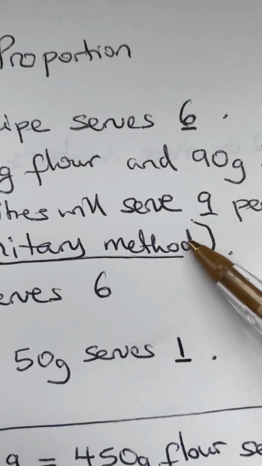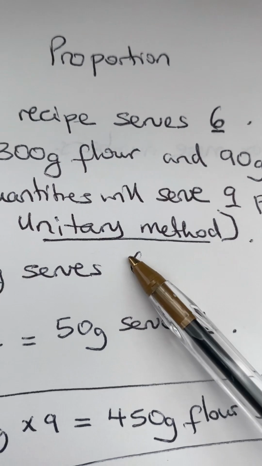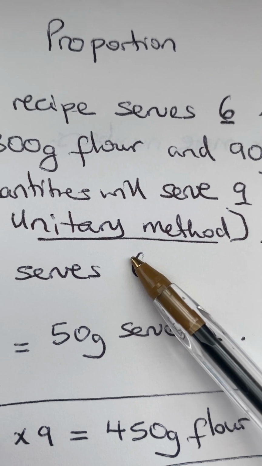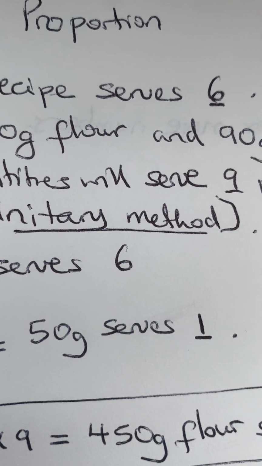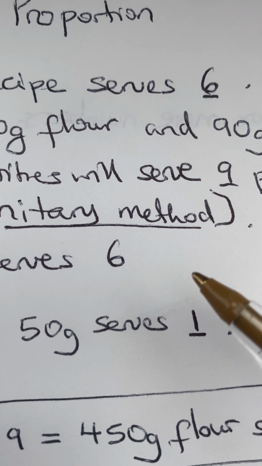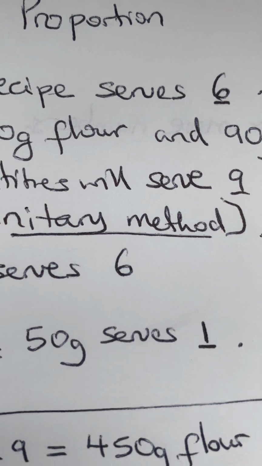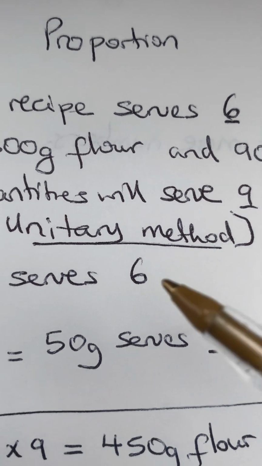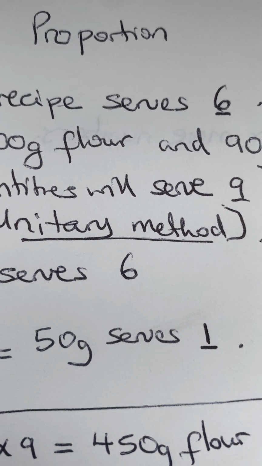Now here I'm going to introduce you to something called the unitary method. Unitary is like, if it serves 6 people, what quantity do you need to serve one? It comes from the word unit.